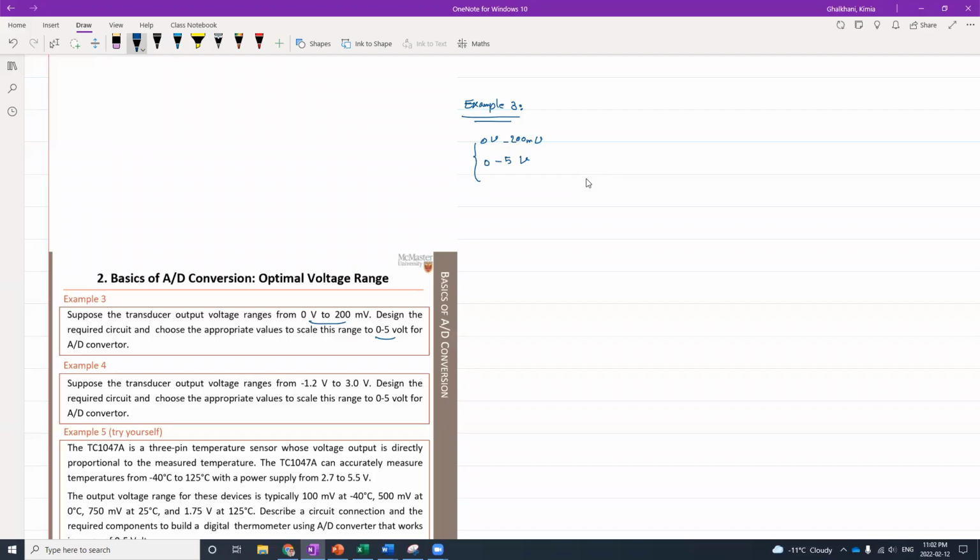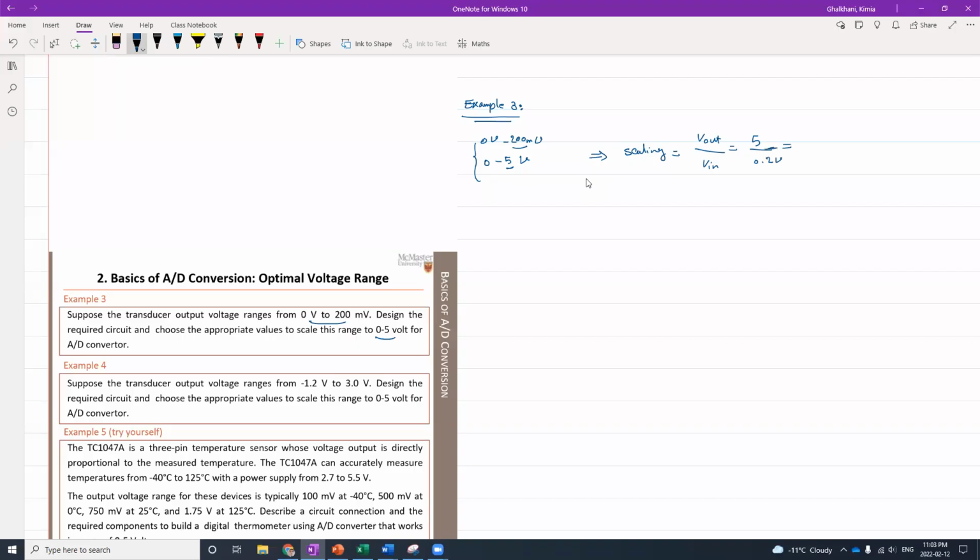As I mentioned, for scaling, I have the output voltage over the input voltage. In this case, what is the output? It is 5. And what is the input? Input is 200 millivolts, so if I convert it to volt, it is going to be something like this.